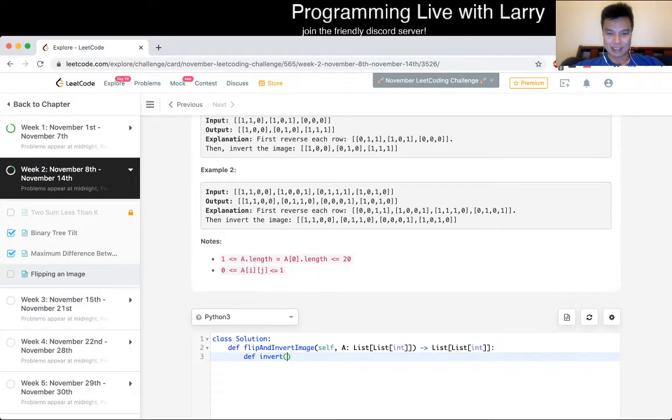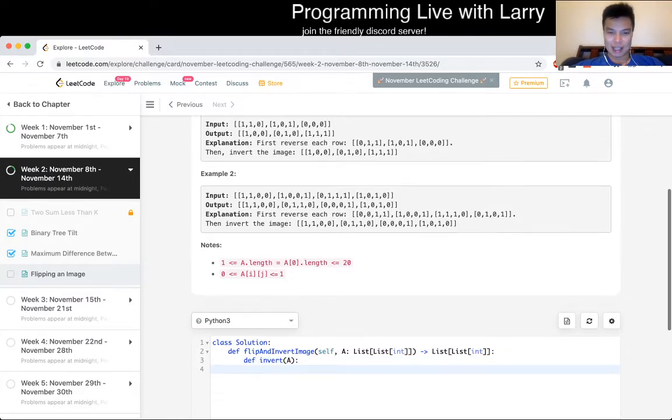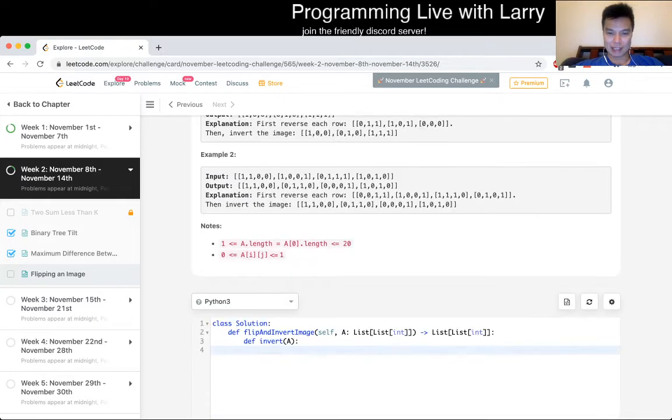Let's say that takes a matrix A, and then we can go something like for x in range of, is this always a square?